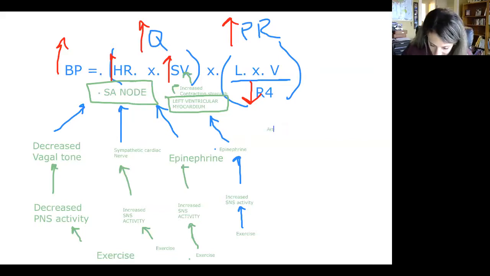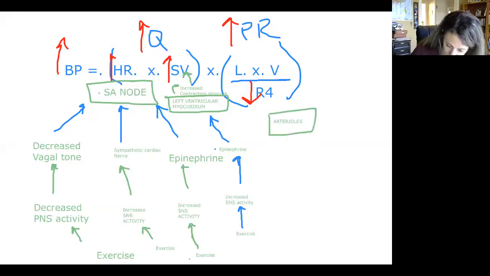Sorry, I want to move that up a little bit and make it all caps. So the arterioles are the effector for the radius. Okay, if we're going to get a decrease in radius, what do the arterioles have to do? Vasodilate or vasoconstrict? Constrict.